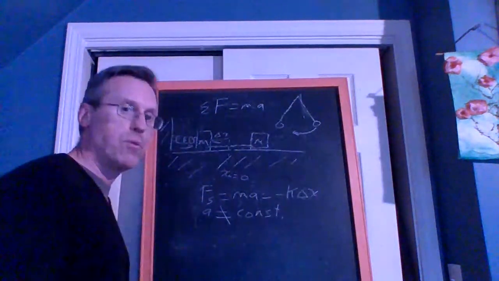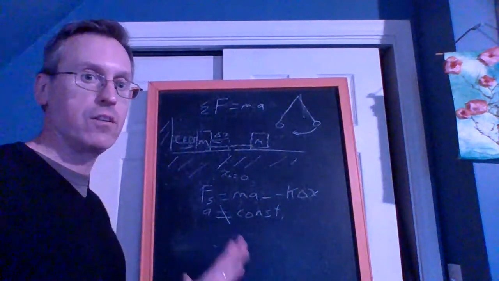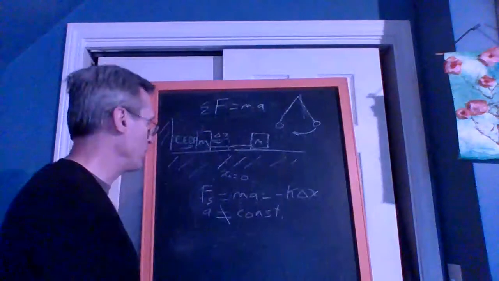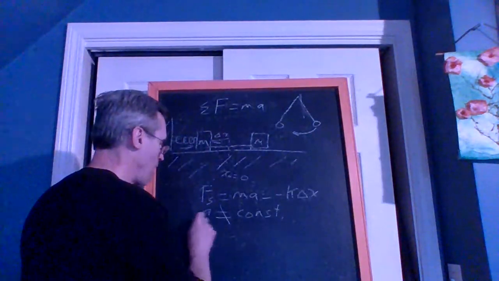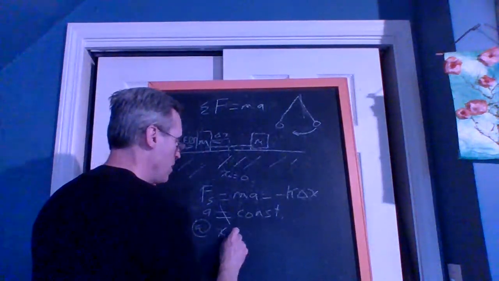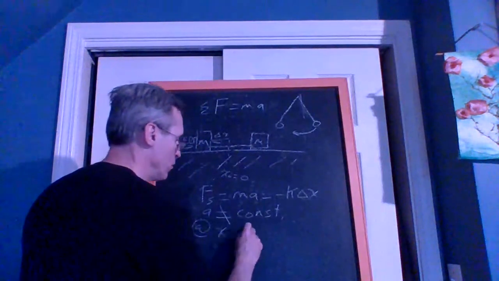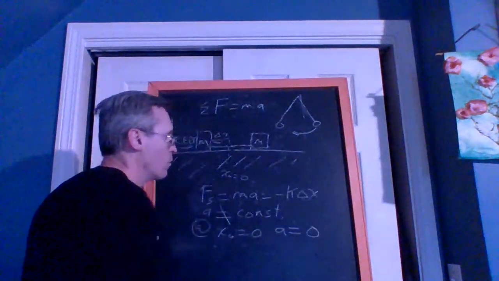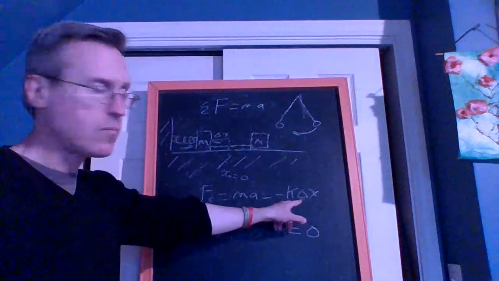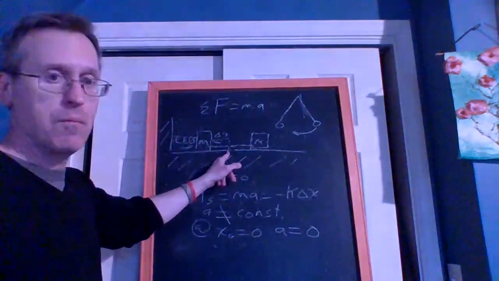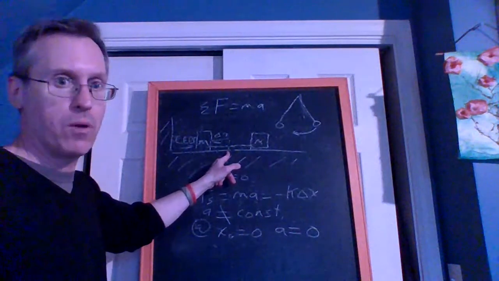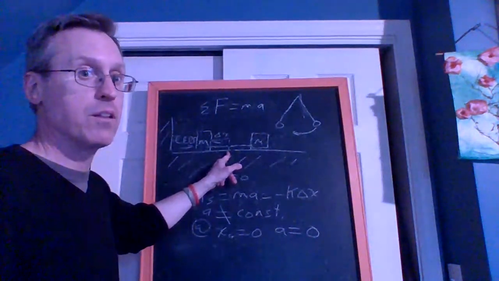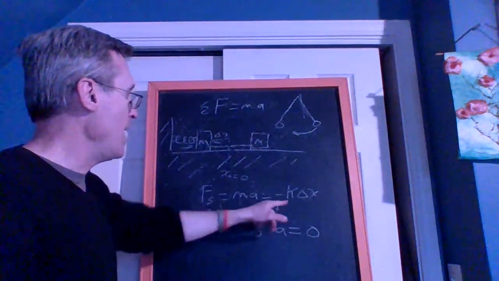In fact, there is a point where the acceleration is actually 0. Where would that be? At x naught, the equilibrium position, which is usually taken to be 0. Why? Look at the equation. When the mass gets to the equilibrium point, where it happens to be moving the fastest, x is 0.